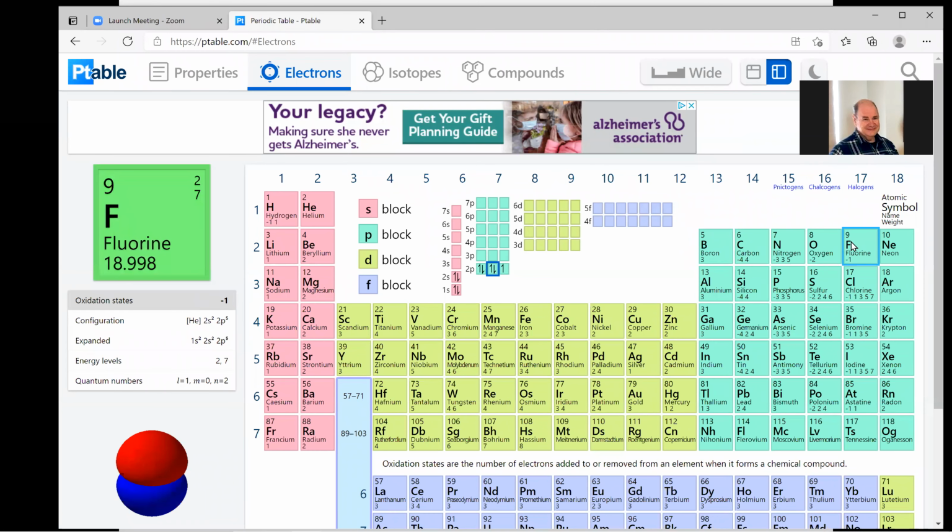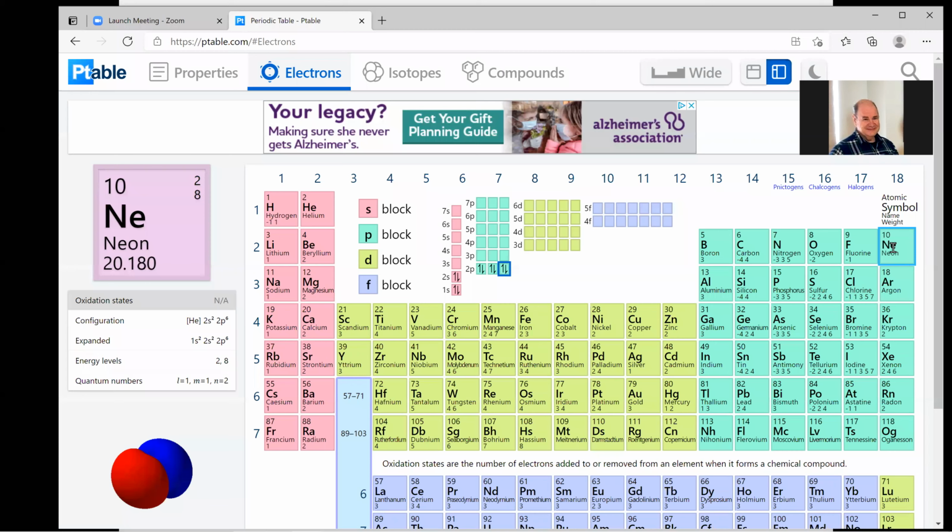And I'll leave you with one last idea. Look at the simple noble gases. Look at the electron configuration of the noble gas neon. All of the blocks are totally filled in. That's why they have no need to interact with any other element.